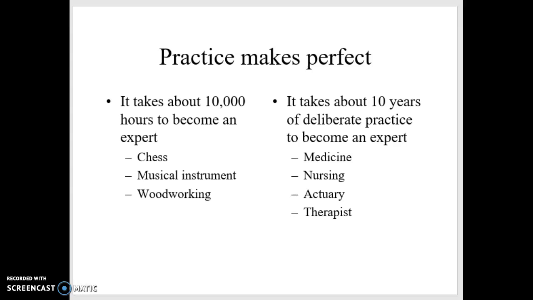So to become a diagnostician, like a physician, to become an expert nurse, to become an actuary, where you look at risk management, you look at the associations between asset management and liability management and make a valuation. That's a skill, just like the skill of a therapist. Takes about 10 years of very deliberate practice to become an expert.